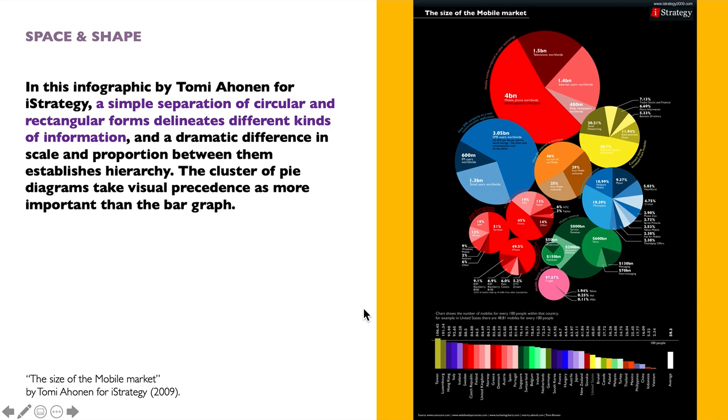So at the top, we have different circles representing different shares of the mobile market by different technologies and also different companies. And these are all graphed as pie charts so that we can see easily how much is occupied by a particular institution or technology.